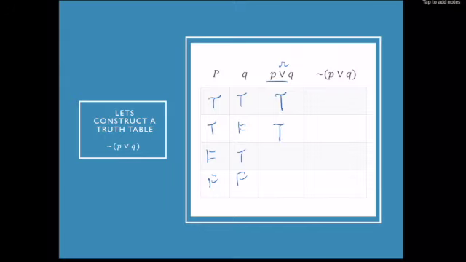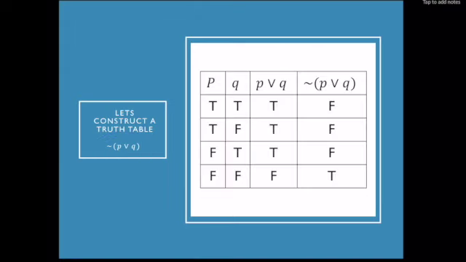True or false is true. False, that's a terrible looking F. There we go. False or true is true. And false or false is false. Now I'm interested in not (P or Q). Not is the negation. So it's going to have the opposite value of this column right here. So instead of true, I have false. Instead of true, I have false, false, and then instead of false, I have true. So here is the completed truth table for not (P or Q).